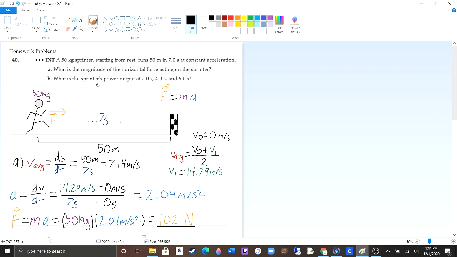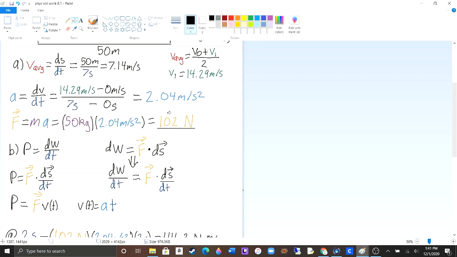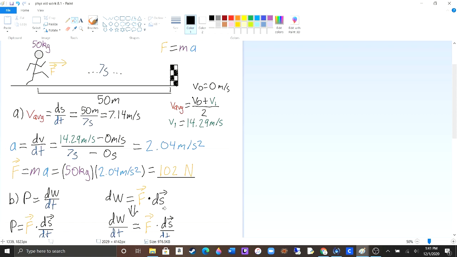So now for part B, we want to know the sprinter's power output, and power is the rate at which work is done. So we have that right here, where power equals the derivative of work, and we know that the partial derivative of work equals force times our change in distance.